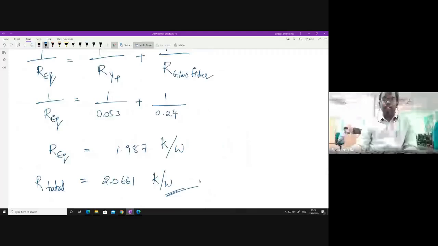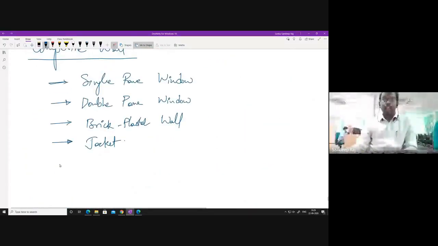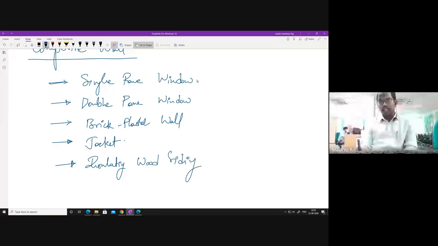So what I missed here is your wood siding. So all these problems are the practical problems that you can use to apply your composite wall concept.